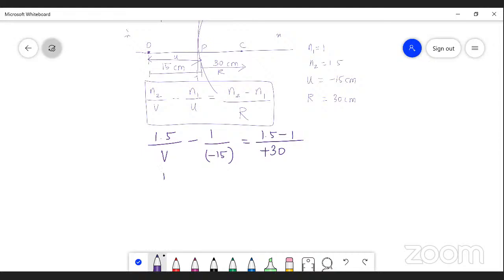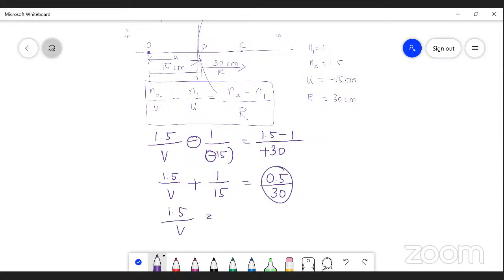So 1.5 divided by V. This is a negative value. This is also negative. So negative, negative, positive: 1 divided by 15, which is equal to 1.5 minus 1, which is 0.5, divided by 30. So 1.5 divided by V is equal to this value.